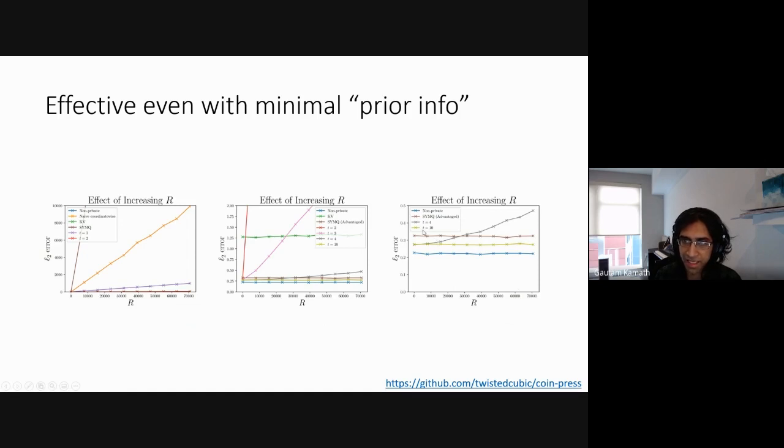And if you set, say, T to be 10 iterations, which is closer to log R, then it seems like it can handle this pretty well. Even when you set the uncertainty to be very, very high, you still get a low L2 error. So this shows that our method is also robust to having weak prior information about your data distribution.